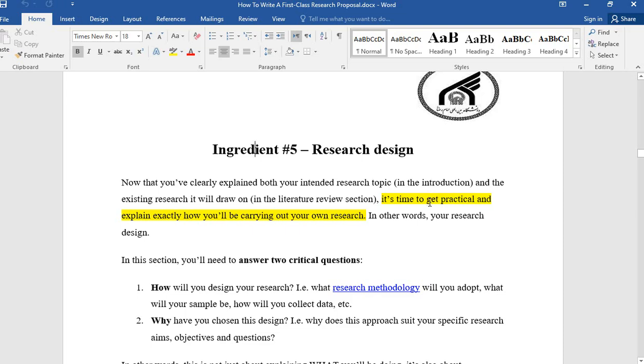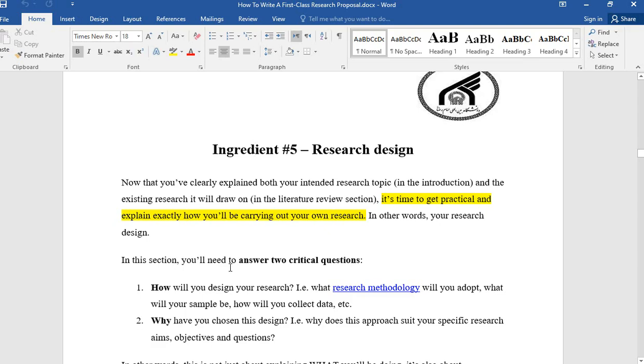I mean, this is the section that shows the practicality or the actual doing of the study in terms of collecting data and analyzing it and coming to the final conclusion. So here we explain exactly how we will be carrying out our research. In other words, that would be your research design.